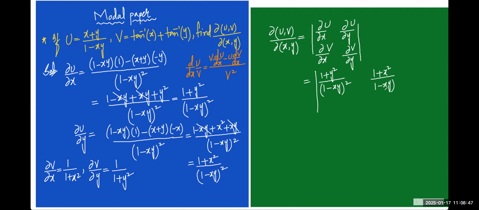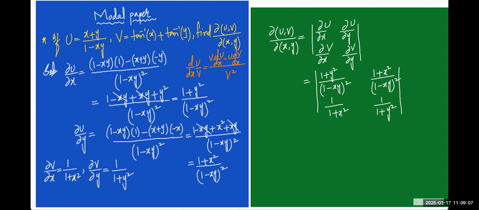This is the answer of the first row. From the second row, with respect to x, the answers are 1 by 1 plus x square here, and here you will get 1 by 1 plus y square. Then the modulus is closed.